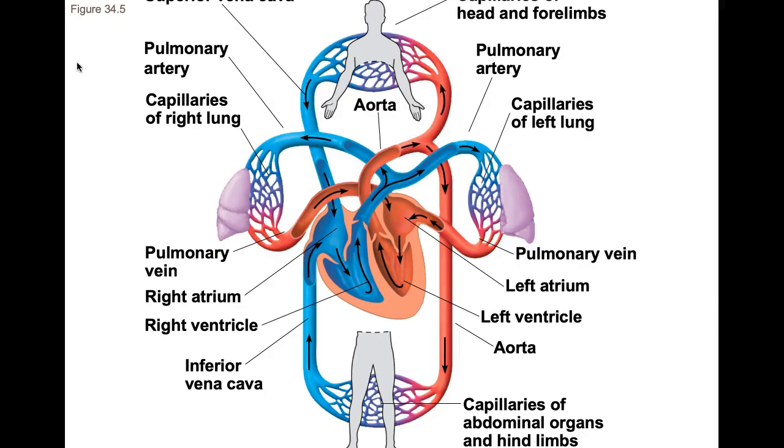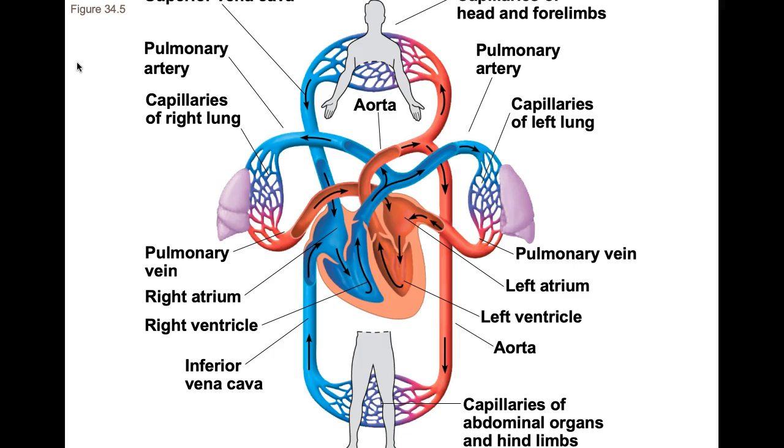Okay, I'm going to go over the complete blood pathway. I'm going to be starting at the right ventricle, where the blood is going to vacate or be pumped to the lungs. How does it leave? It leaves through the pulmonary artery, and then the capillaries oxygenate the blood and release carbon dioxide.